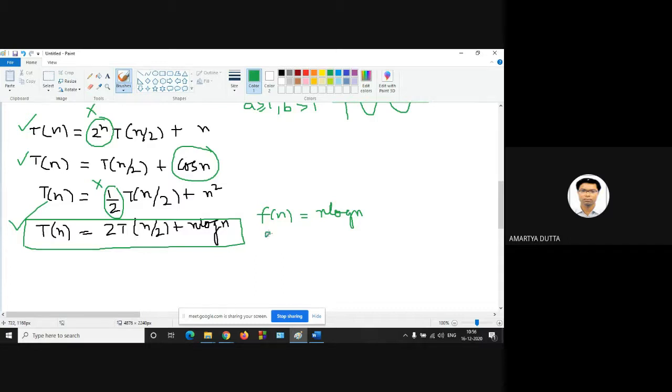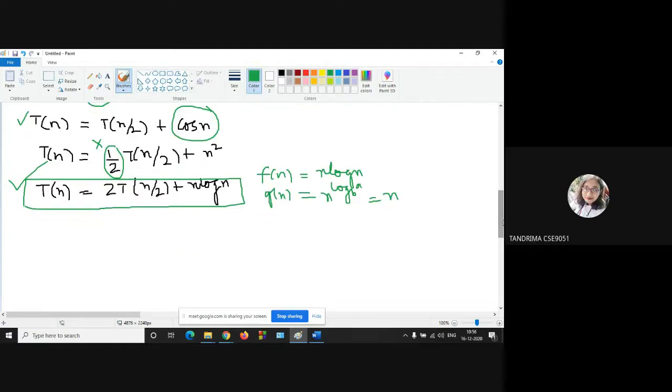Let g(n) be n to the power log b base a. Every time you have to compare n to the power log b base a with f(n). So what is the value of g(n)? n is the value.